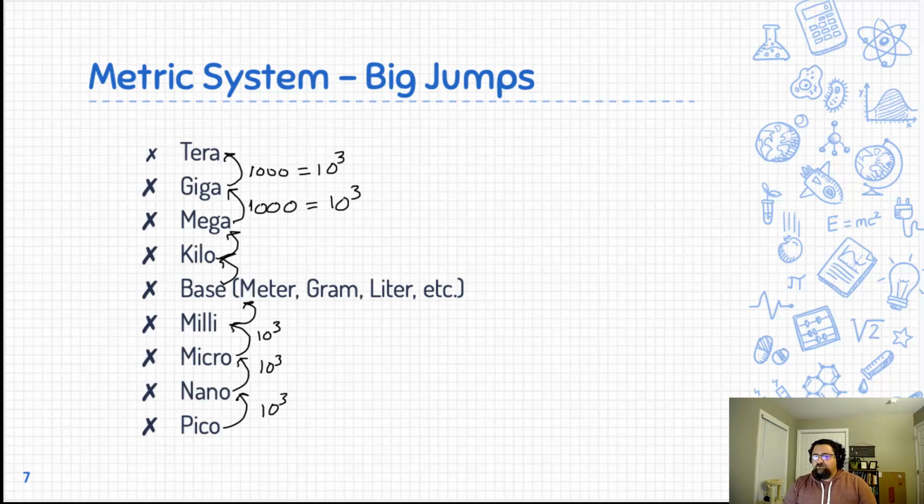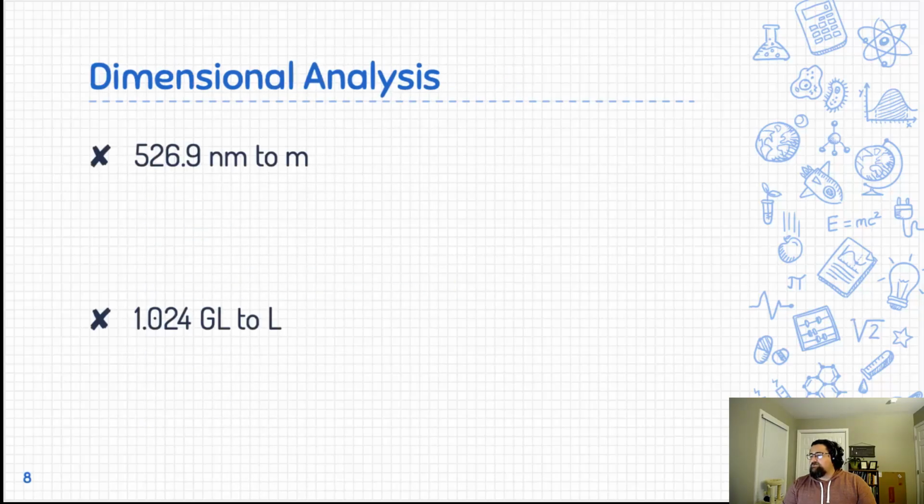All right, so let's take a look at doing one with dimensional analysis. So we're going to take a look at this example right here, okay? So nanometers to meters. Again, we make our chart. And we start with 526.9 nanometers.